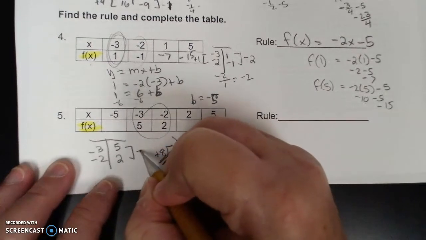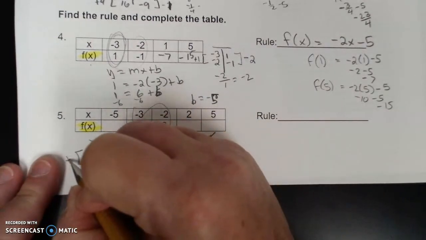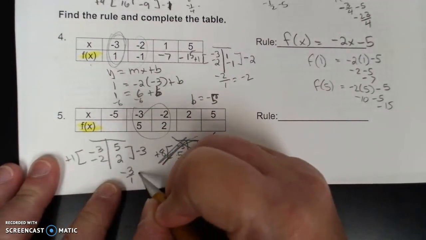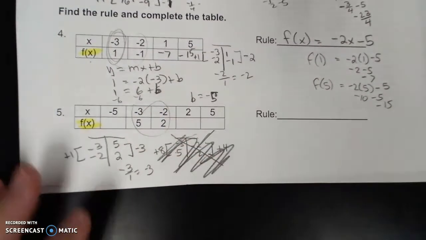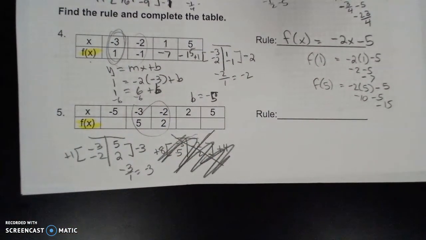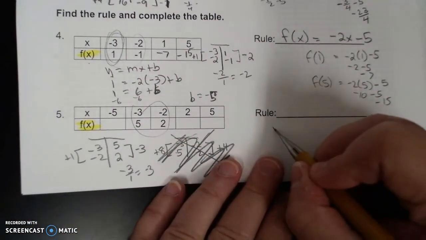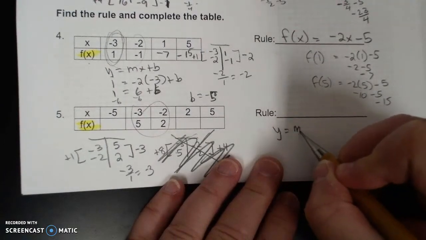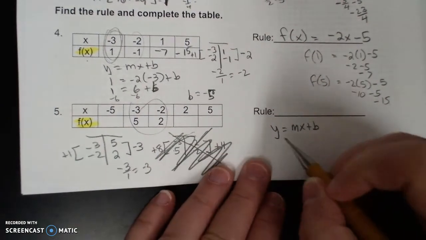So here this is -3, this is +1, so it's -3/1, which is -3. That's my slope. Y equals mx plus b.